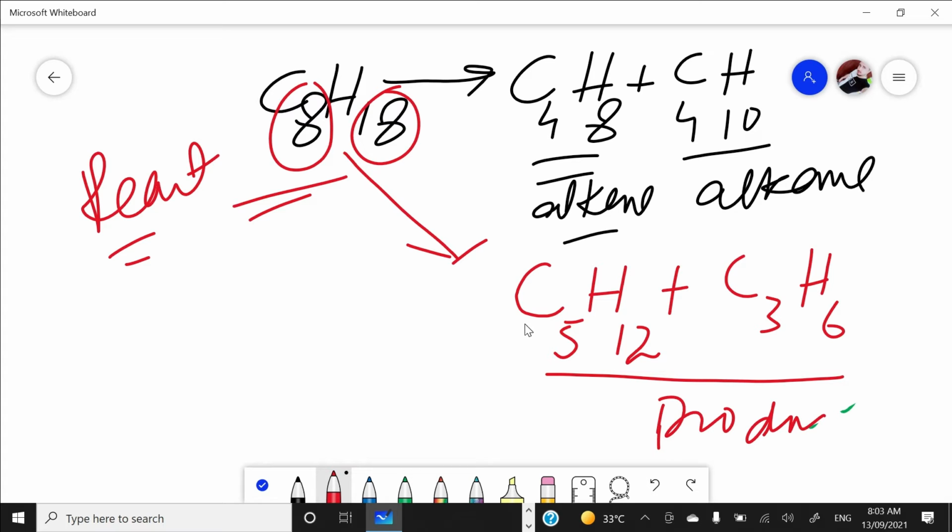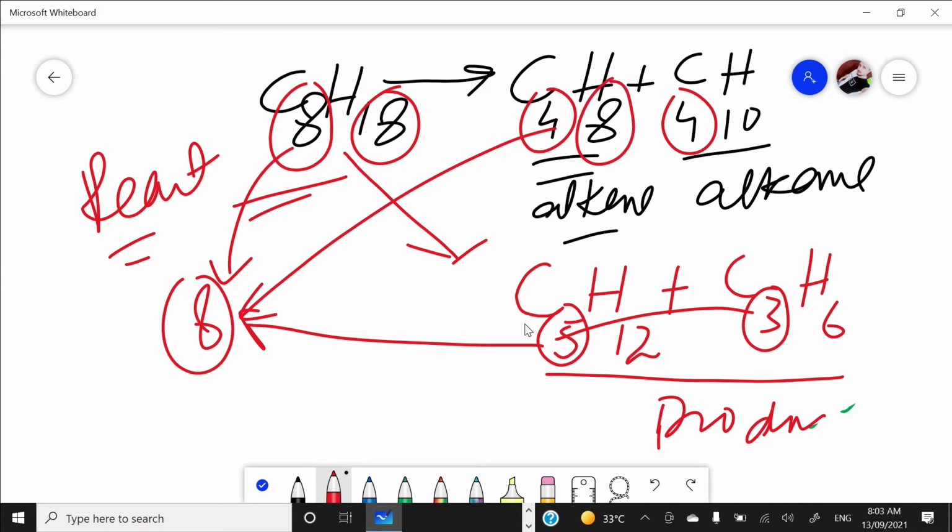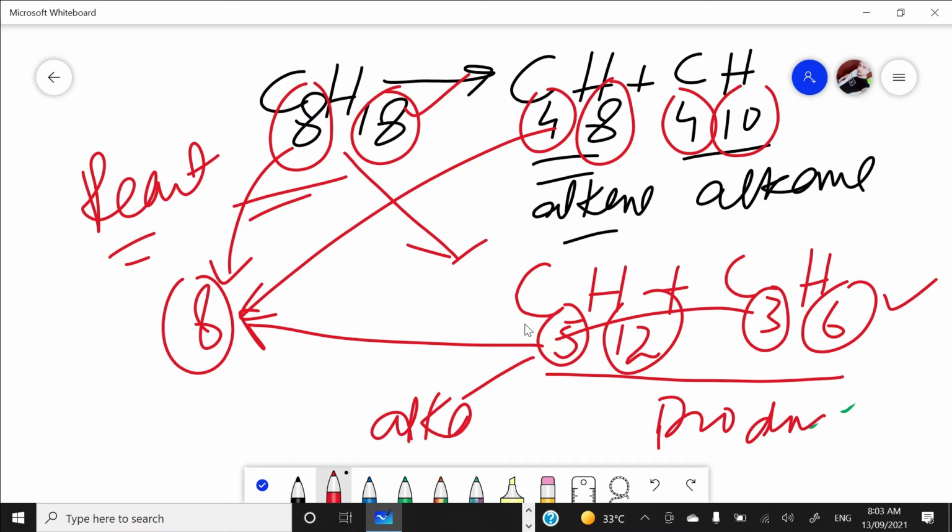Now you can see how many carbons are there. 8. How many carbons do you see here? 8. How many hydrogens do you see? 4 and 8 and 10, 18. 18 are there, and 6 and 12, 18 are there, right? So this is an alkane and this one is an alkene.